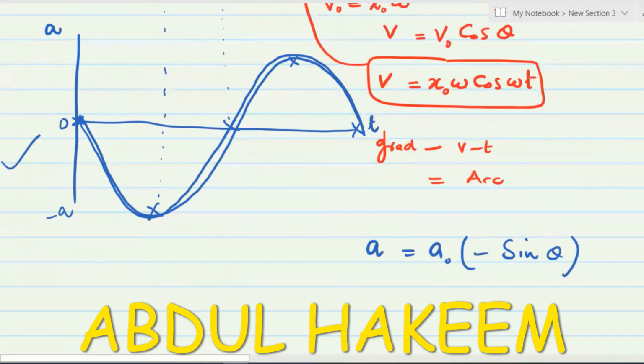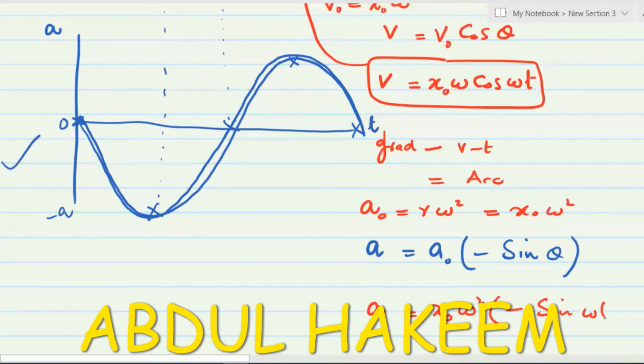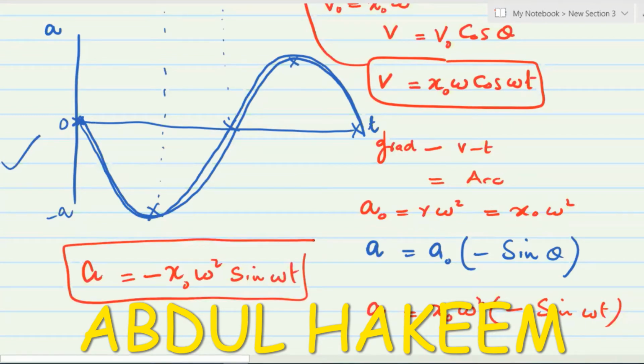But in circular motion, a is equal to r omega square. Here r is x naught, so a naught can be replaced with x naught omega square, and minus sine omega t. So finally we have the equation a is equal to minus x naught omega square sine omega t. So 3 graphs and 3 equations.